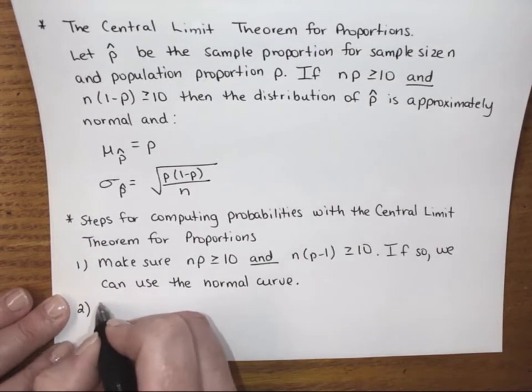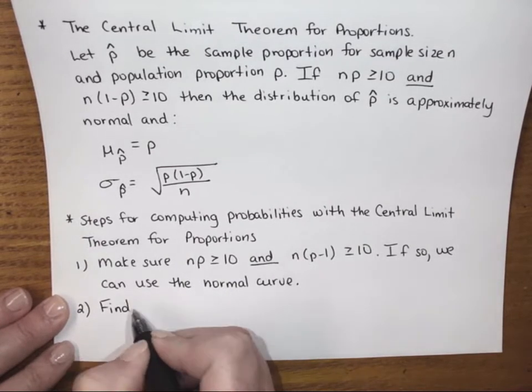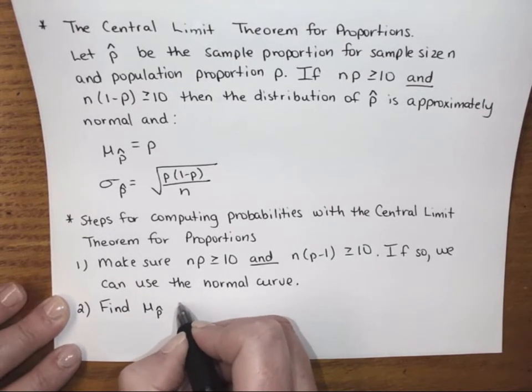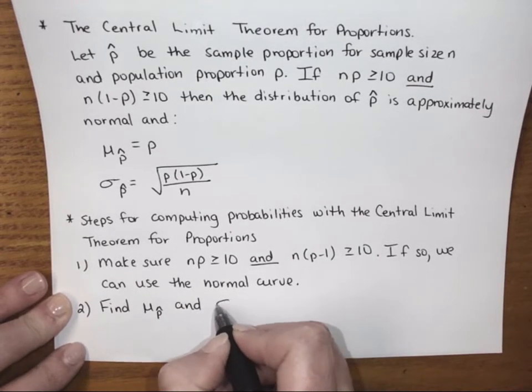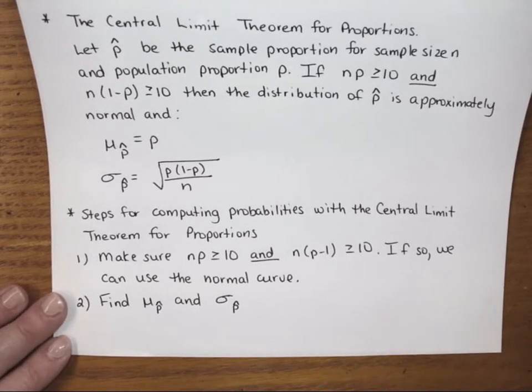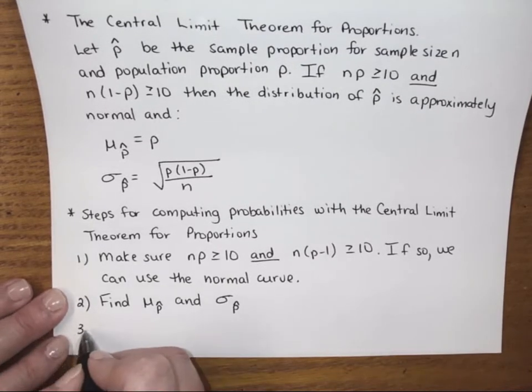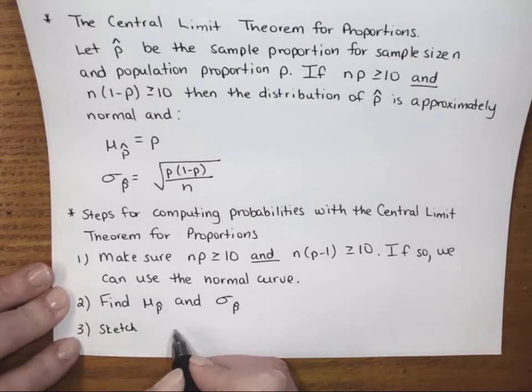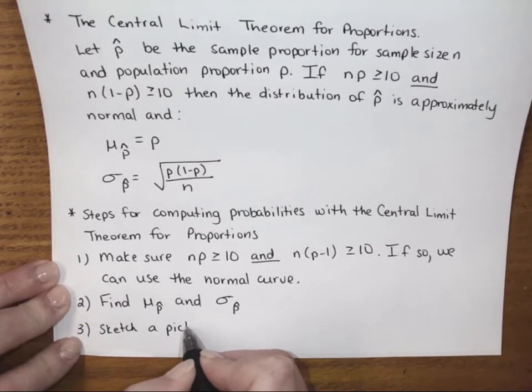But if you can proceed, the next step is that you need to find the mean of the p hats and the standard deviation of the p hats. Step number 3 is you're going to sketch a picture of the bell curve if necessary.